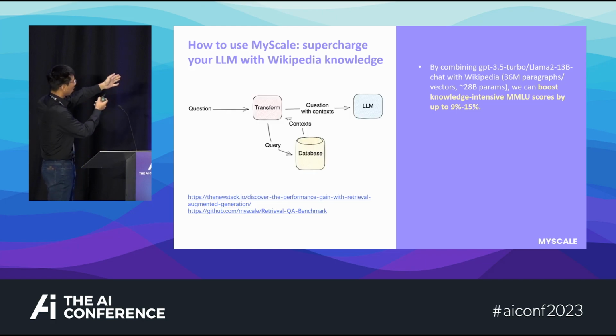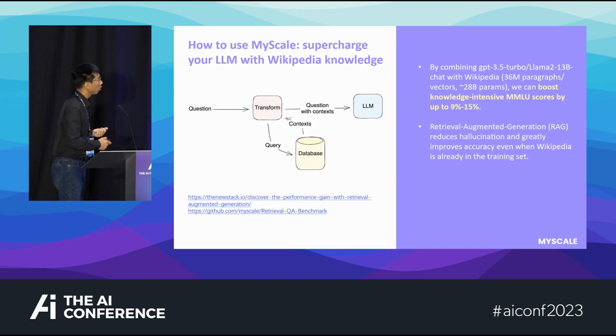Here, when the user asks a question, instead of going directly to the large language model, you can first transform the question into a database query, get the related paragraphs from Wikipedia, and then ask the LLM with the external knowledge enabled.